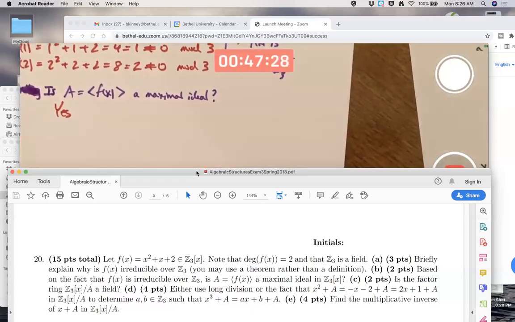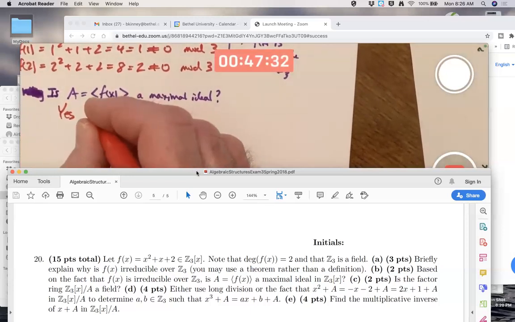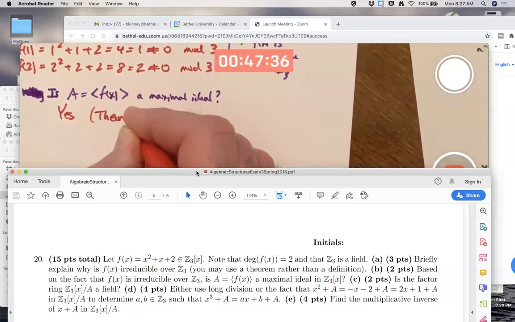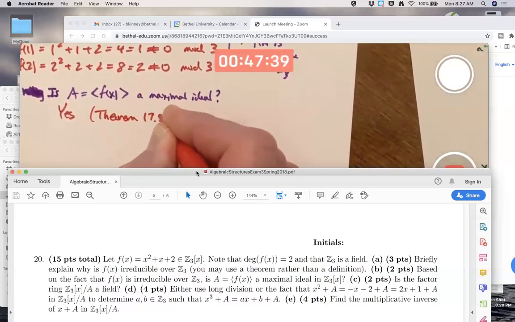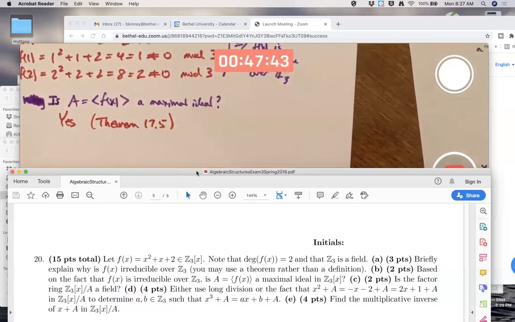You wouldn't have to quote the theorem number on the test, but I will quote the theorem number here. It's theorem 17.5. So you just need to know that theorem.